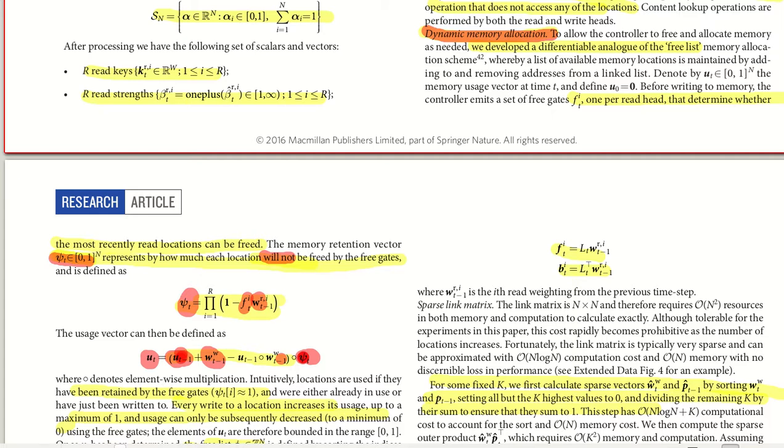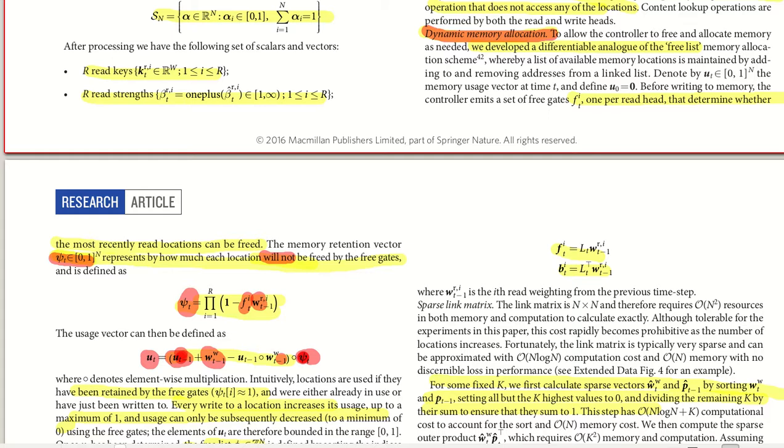What was the usage just before? Whether or not in t-1 we just wrote to that particular location. Then we have to subtract this term to guarantee that this is going to sum up to one, because the usage always has to be between 0 and 1. It cannot be outside this range.